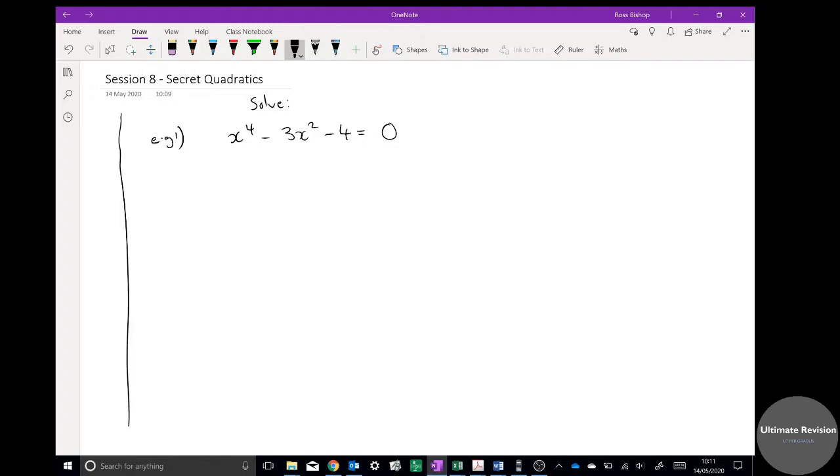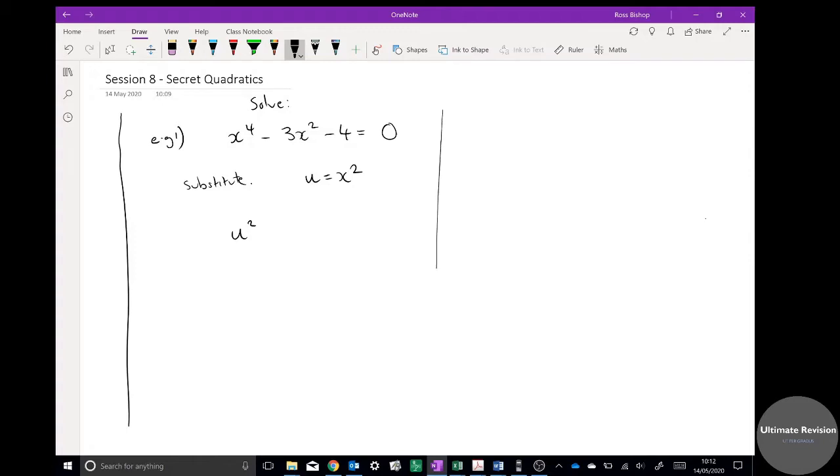So I'm going to think, what can I substitute here that will make this into a quadratic? I'm going to call u equal x squared. The reason for that is if I let u equal x squared, the first term, x to the power of 4, is going to be u squared.